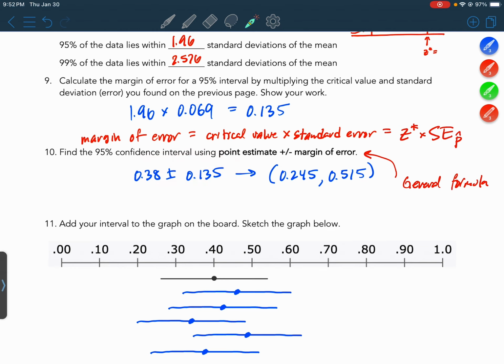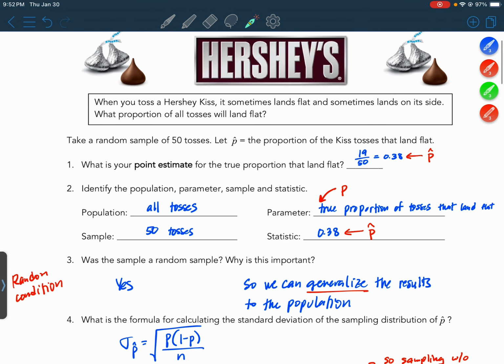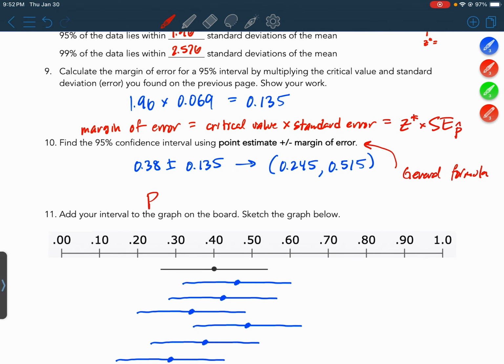So 0.38, how can we represent that? Well, that's our sample proportion, our p hat. And 0.0135, or whatever value you got, was the result of the previous question. That was the z-score times the standard error, or essentially we can use this notation here.